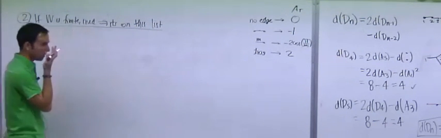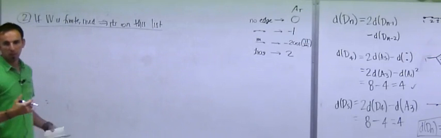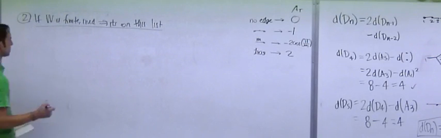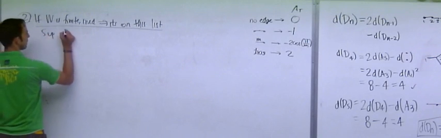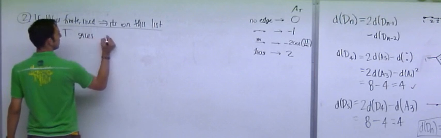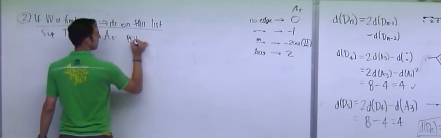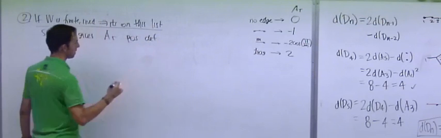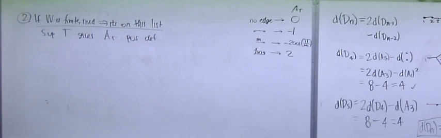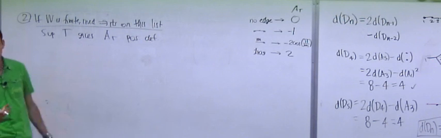And the way we're going to do this is I'm going to start with some graph. So suppose gamma is positive definite. And through a series of reductions, I'm going to conclude that gamma must be on this list.